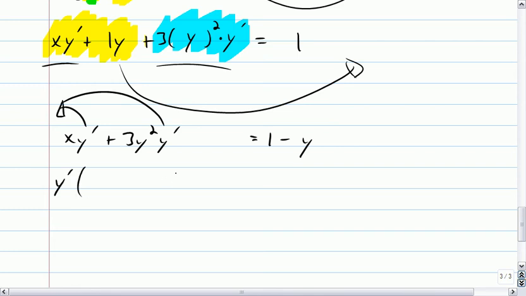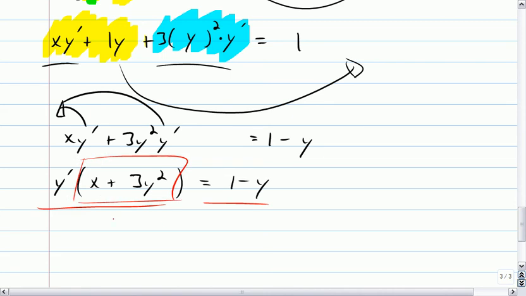So it only shows up in one spot. So divide both sides by this quantity, and you're going to have y prime isolated: 1 minus y over x plus 3y squared.